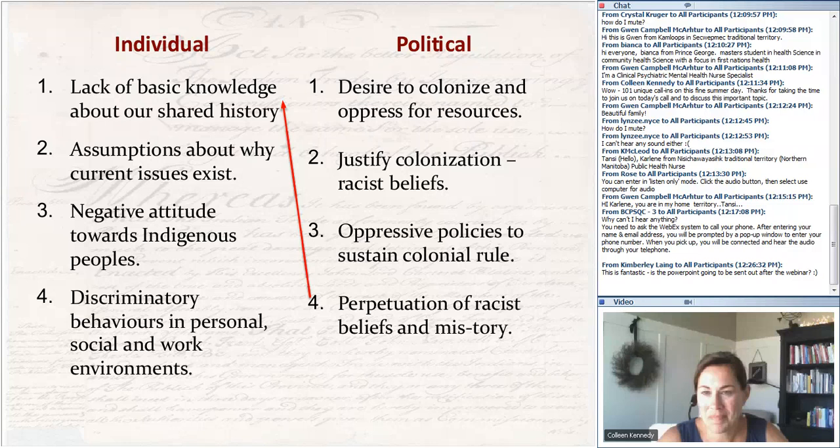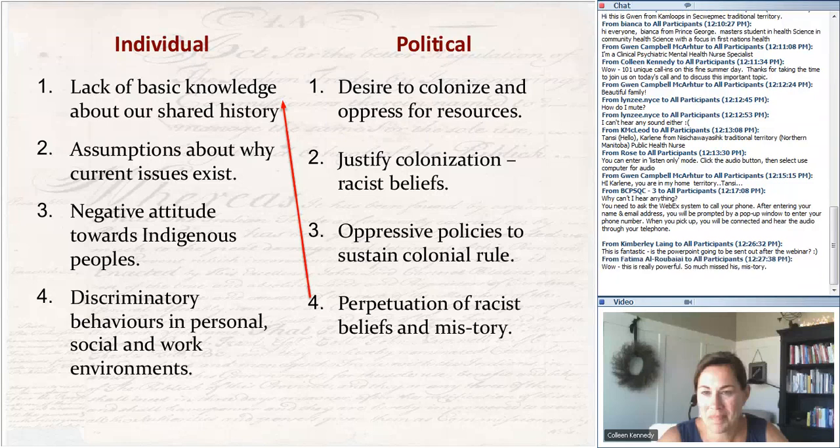Because most non-Indigenous Canadians don't know about the history of Canada and the colonization of Canada, when they view the social, health, or economic disparities being experienced by Indigenous people, and they wonder why that's happening, they assume that the reason these current conditions exist is because of these racist beliefs.